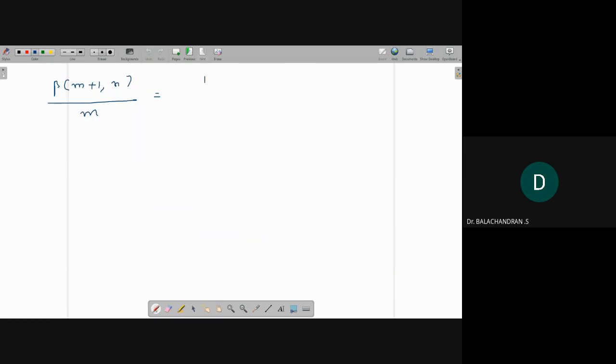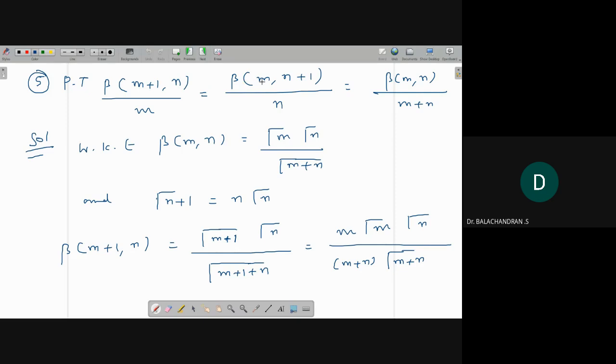Beta of m comma n divided by m plus n. I call this equation 1. Similarly, beta of m comma n plus 1.